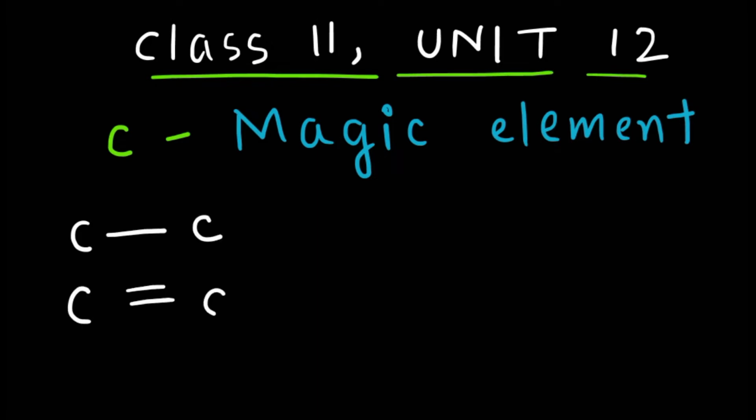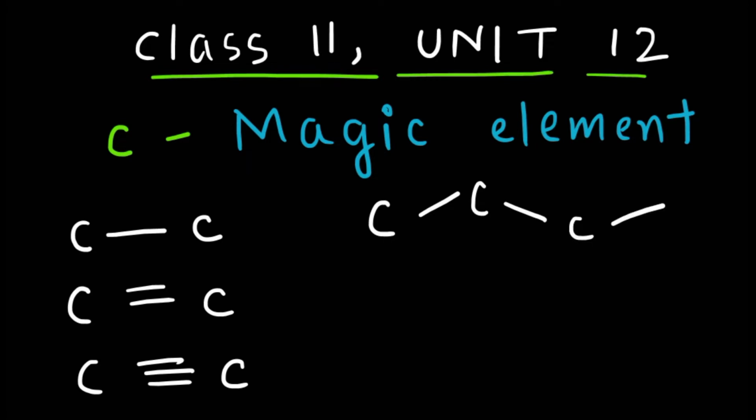Carbon can make single bonds, double bonds, or triple bonds. The same carbon, under different conditions, can make different bonds, and it can also bond with itself in long chains.